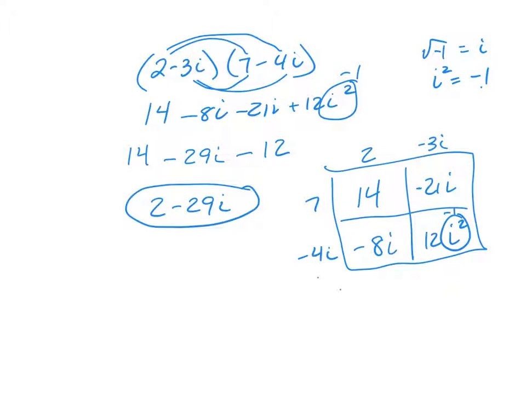So then you add 14 minus 12, because that turns into a -12, and then minus 8i minus 21i, and you get 2 minus 29i.